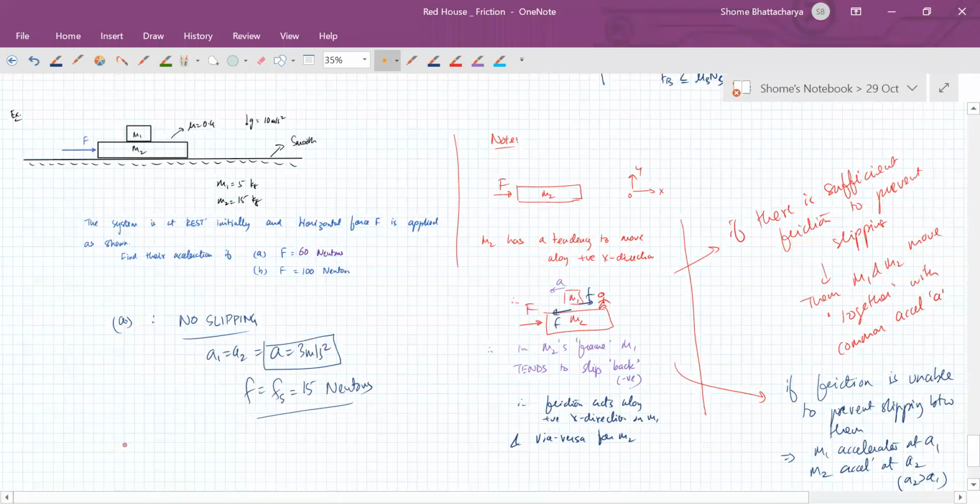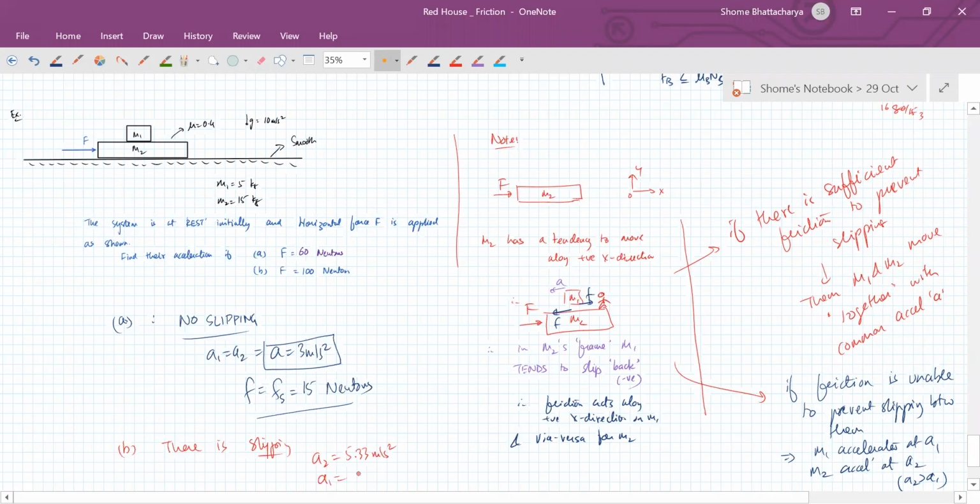Whereas in the second case, we will see that there is slipping. Okay. And a2 will work out to be 80 by 15, something like 5.33 meters per second square.